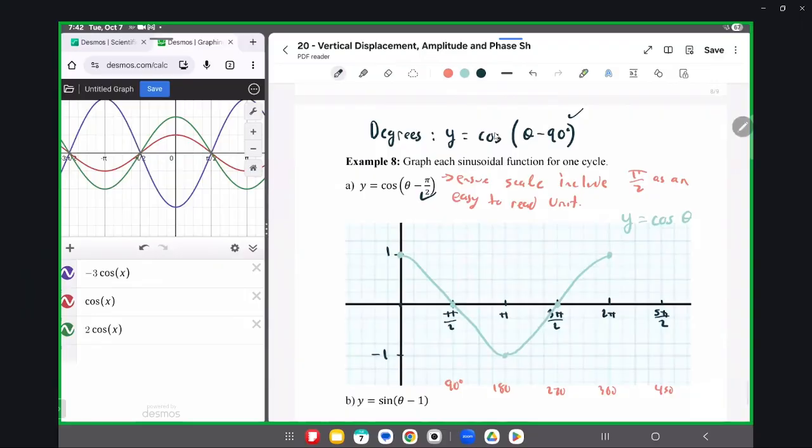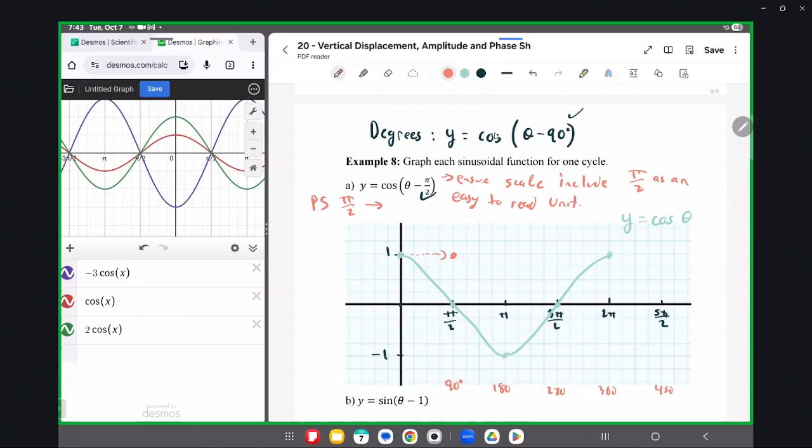So for us, what do we have here? Well, we have a phase shift of pi over 2 units to the right, which means we're going to take each of these values and move them to the right pi over 2 units. So the point 0, 1 becomes pi over 2, 1.